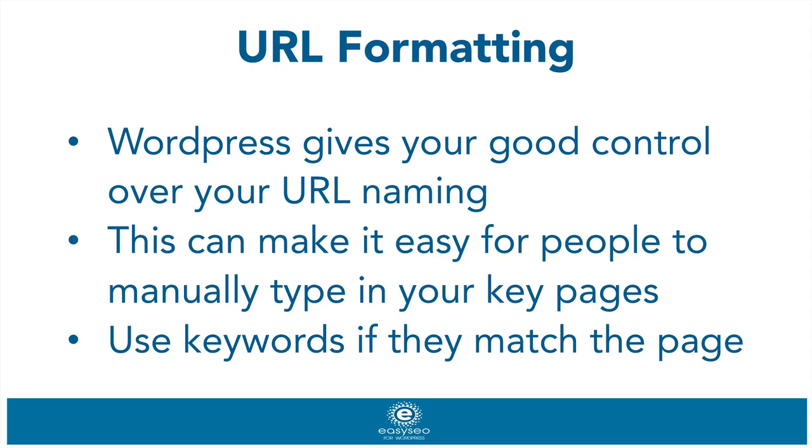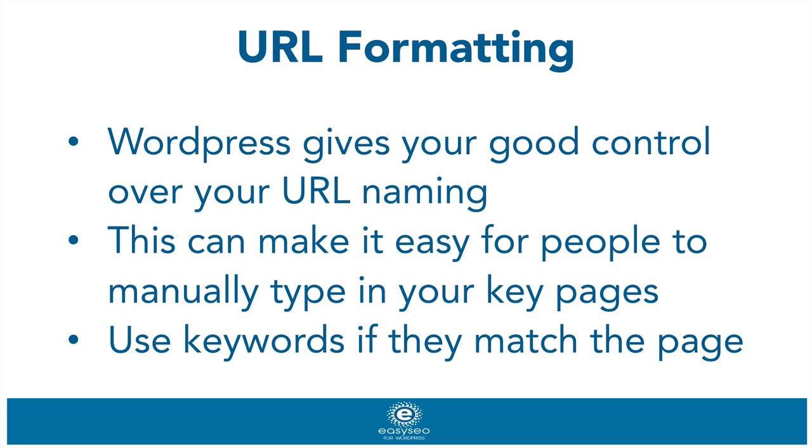Now, this is something that WordPress gives you really good control over, how you name your URLs. It can make it very easy for people to manually type in your key pages. So if you have a page, yoursite.com/October-sales or Christmas-sales, then having a really simple URL that people can remember is not only good for SEO, it's just also a good naming convention that you can follow.